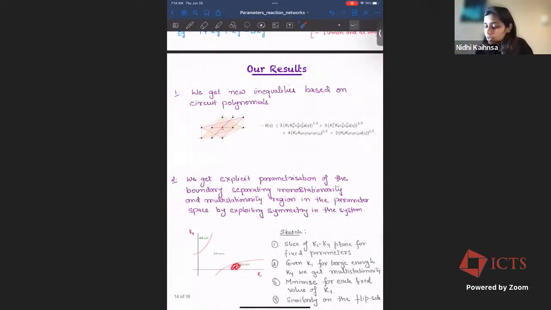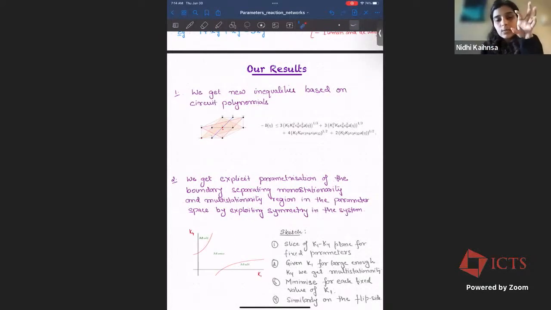So in this region, the one close to the axis will always give us multistationarity. In the rest of the region, it will give us monostationarity. And this is true for any value of the remaining 6 fixed parameters. You will always get such a slice, and this will exactly be the cartoon: the regions close to the axis will always give you multistationarity, and the region inside will give you monostationarity.